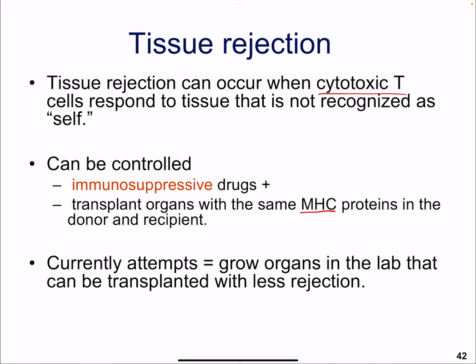Now, for the cytotoxic T cell to not say that, you need to provide to the patient immunosuppressive drugs, and also you have to make sure that the organ transplanted in the recipient patient has MHC as similar as possible.